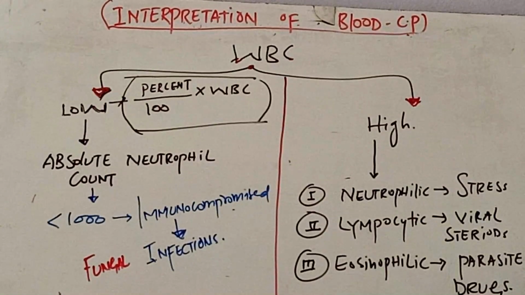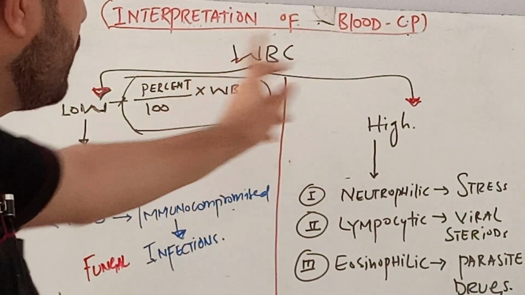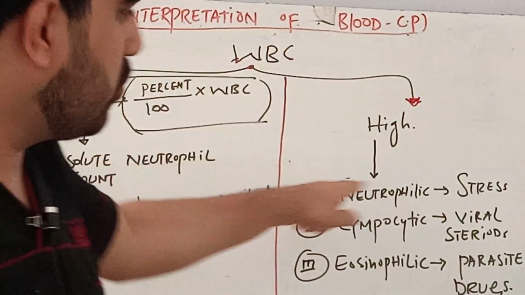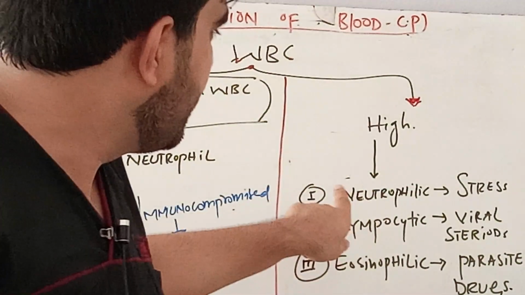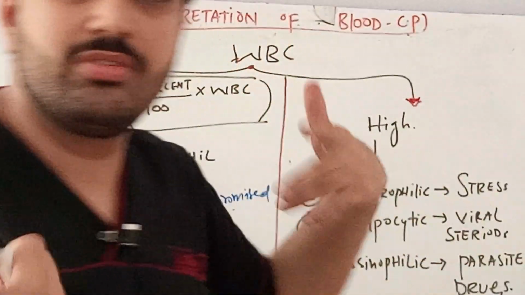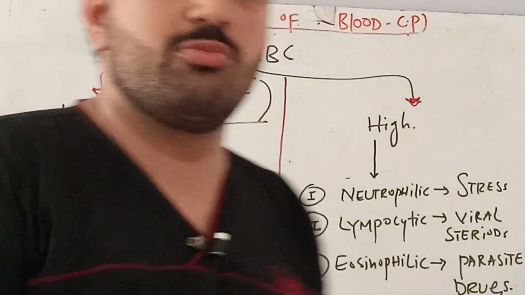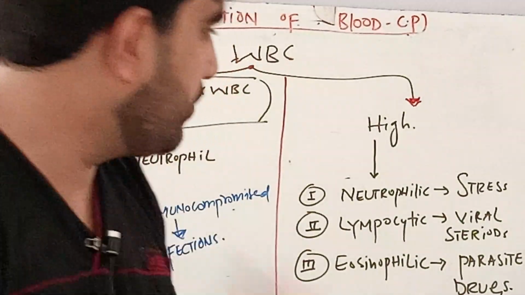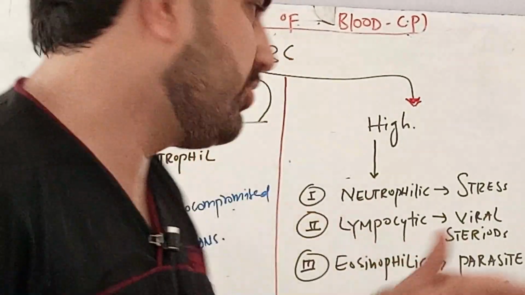So coming toward the WBC, if the WBC count is low or high. If the WBC count is high, look at the individual values: neutrophil, lymphocyte, and eosinophil. If there is predominant neutrophilia, think about acute stress, bacterial infection, community acquired pneumonia, UTI, abscess, DKA, or other acute stress.